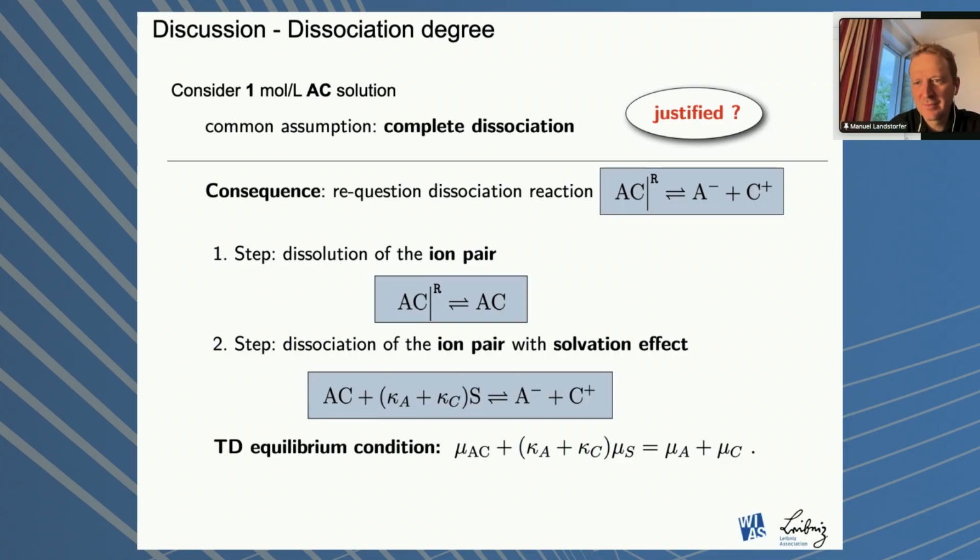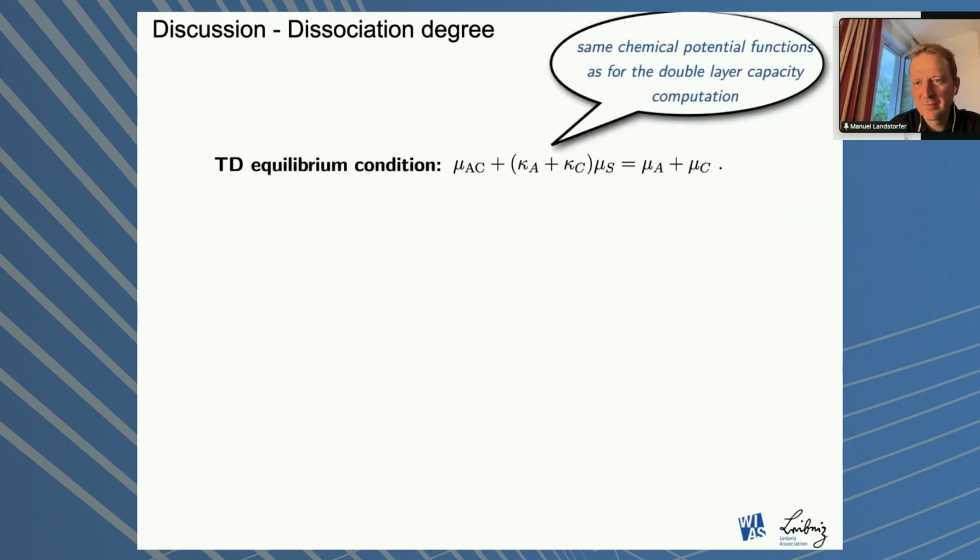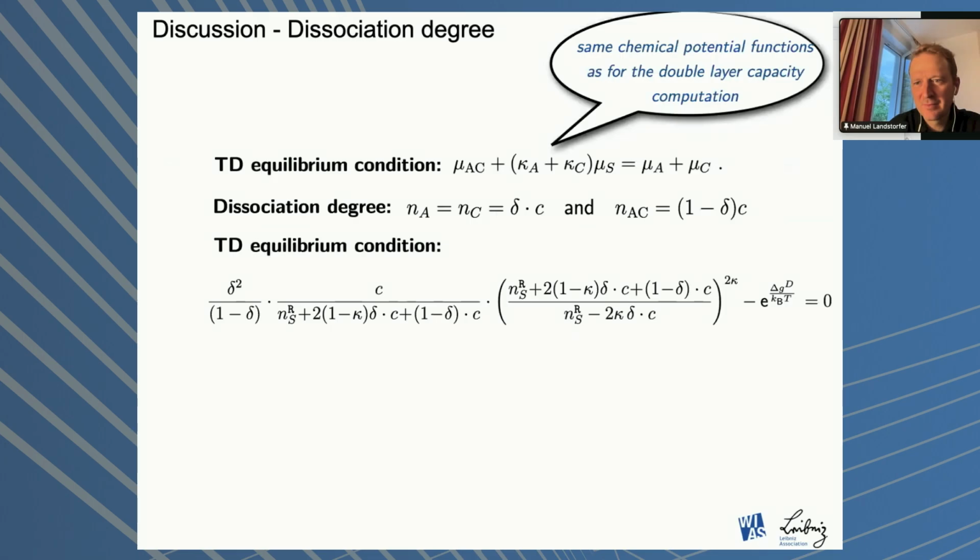So the chemical potential of the ion pair plus the chemical potential of solvent weighted with the solvation number kappa A plus kappa C has to be equal to the chemical potential mu A of the solvated anion plus the chemical potential of the solvated cation. And these are the very same chemical potential functions as we have used before in order to compute the double layer capacity. If you do so, you can then introduce something which is called the dissociation degree.